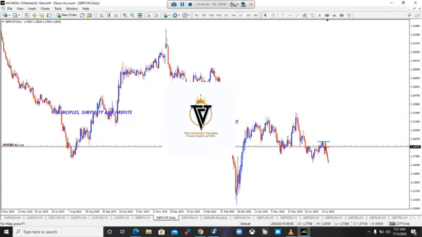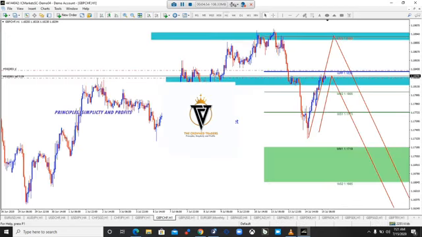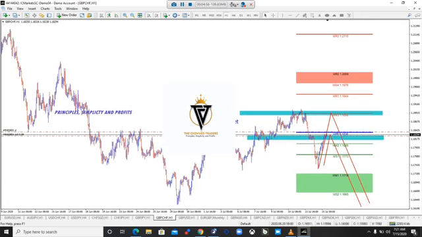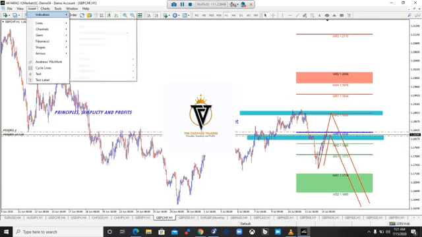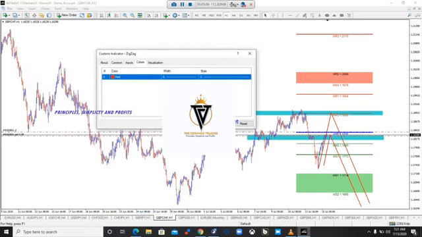GBP CHF is moving more or less like GBP JPY. It's more or less a replica of exactly a structural move, but in a different way. So we'll just rush briefly into it and see if it will give us the same thing. My general bias for GBP CHF still remains a sell.